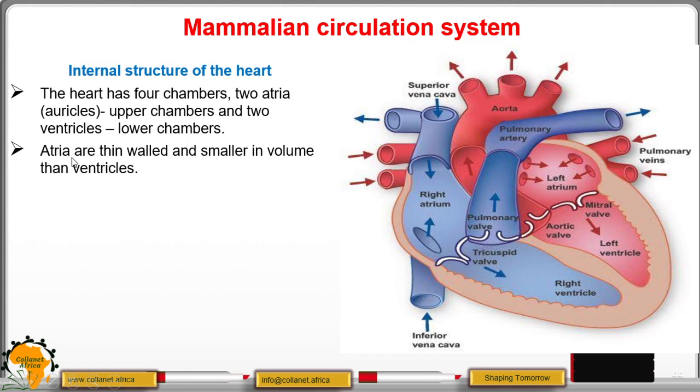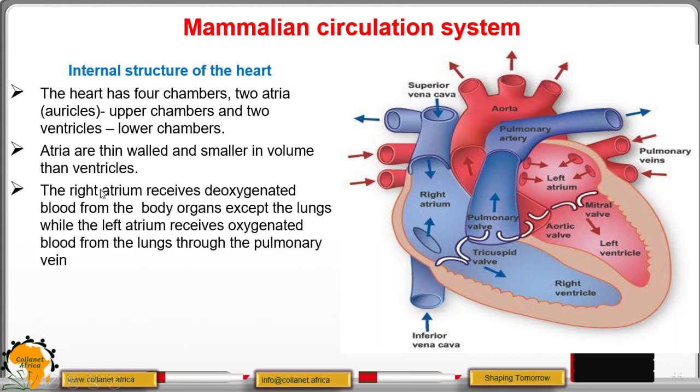Then the auricles are thin-walled and smaller in volume than the ventricles. You can see the right auricle receives deoxygenated blood from the body organs except the lungs, while the left receives oxygenated blood from the lungs through the pulmonary vein.